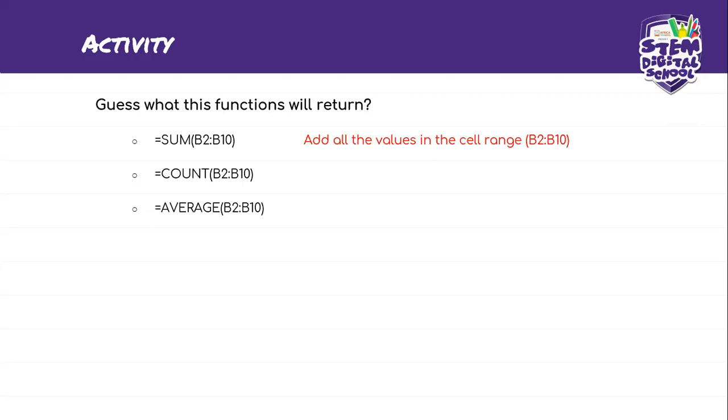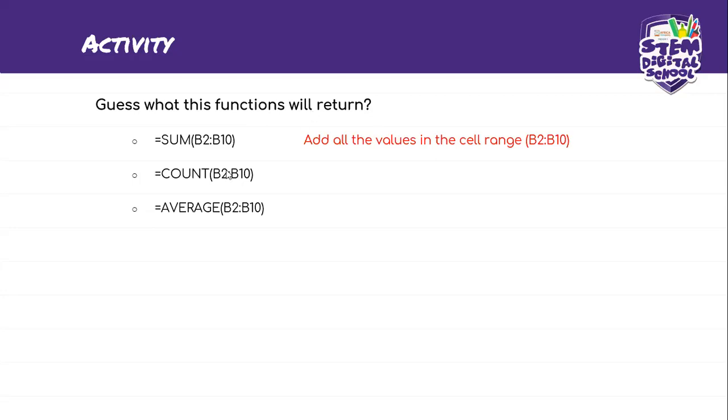So I want your answers to be like this. Say, for instance, you were not given a spreadsheet. You just have to guess the answers for these cells. I'm not asking you how many for the answer. Let's say, for instance, on this one, guess what these functions will return.